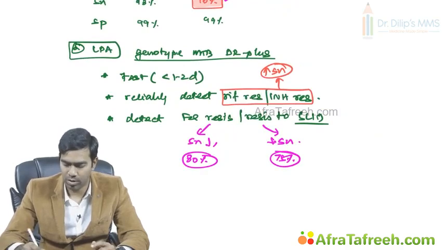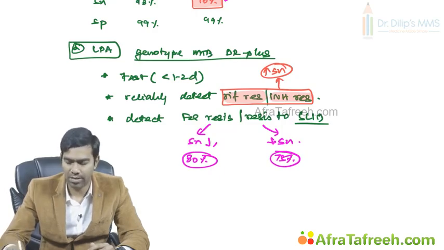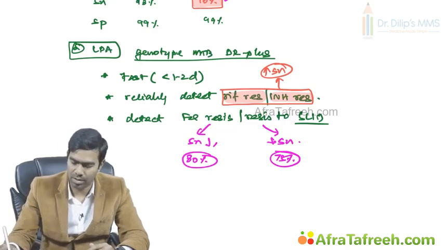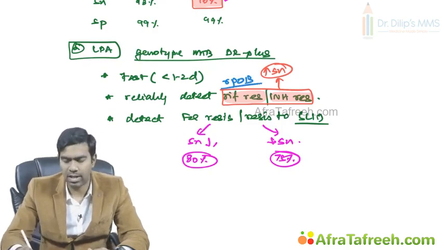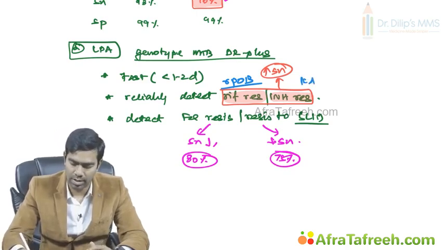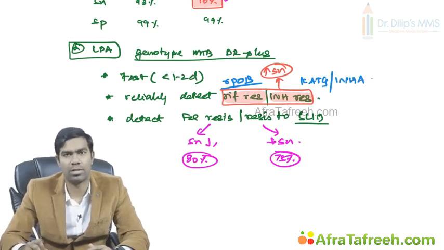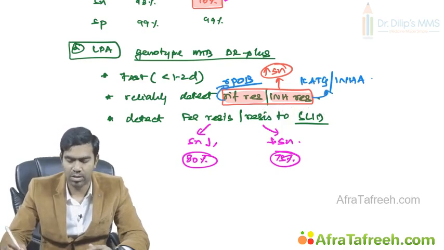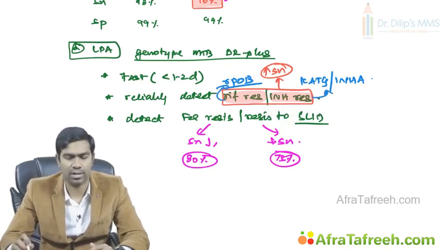So I can also tell you one more point. Rifampicin resistance is detected by identifying a genetic mutation called RPOB gene mutation. Clear? Similarly, the INH resistance is detected by identifying two mutations called KATG gene mutations and INHA gene mutations. Both are detected. So this is how they detect the rifampicin and the INH resistance.